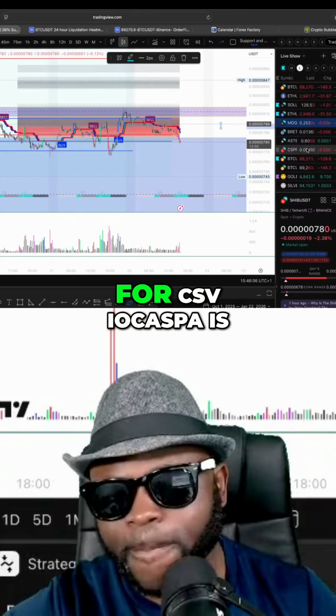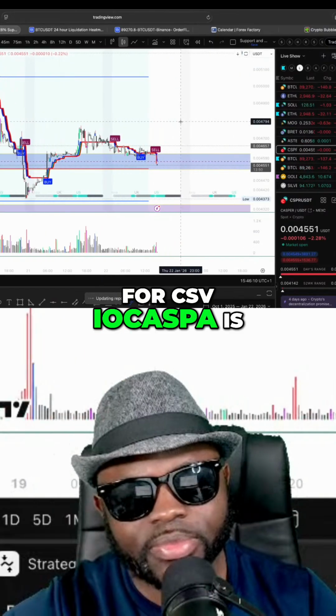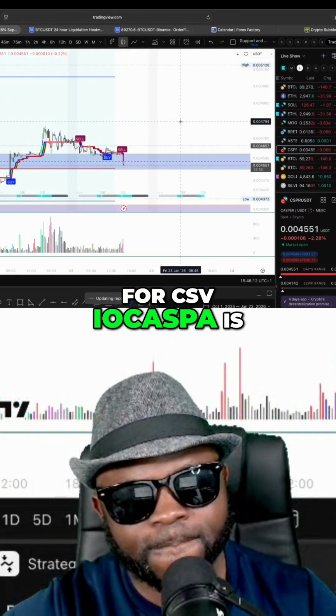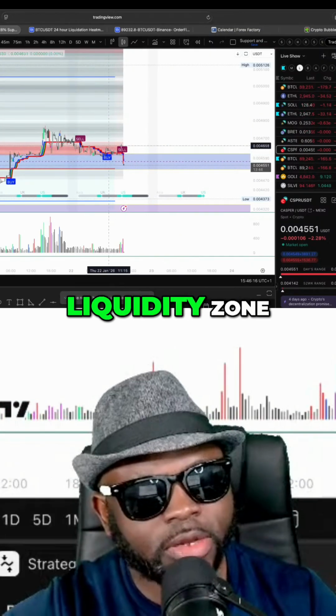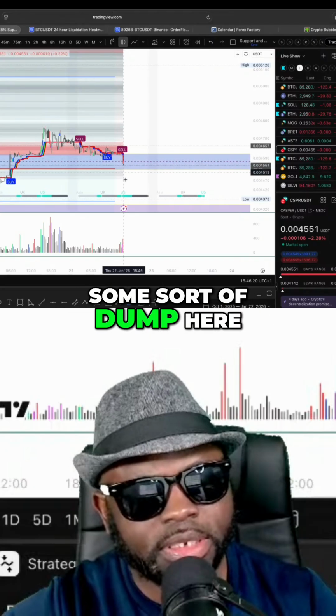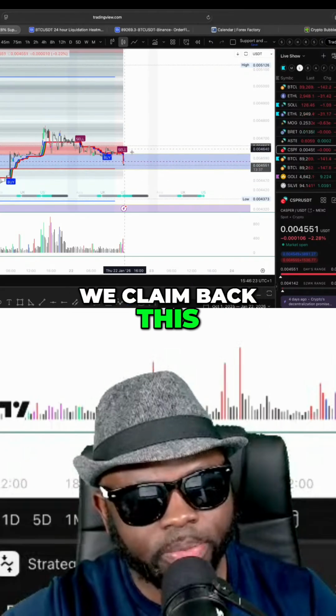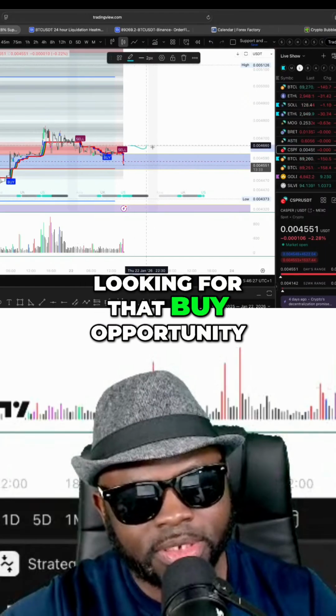Let's see for Casper. Yeah, you can see this is the main liquidity zone. So if we see some sort of dump here, we want to see price reclaim back this zone around this area. This is the area where you start looking for that buy opportunity.